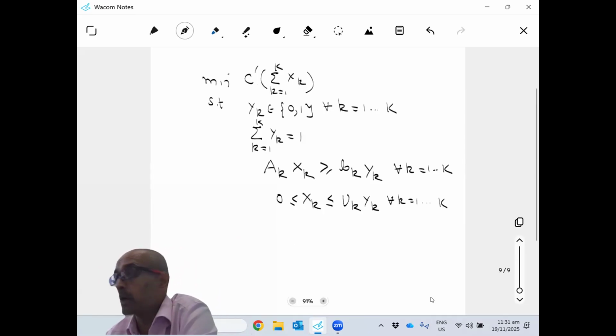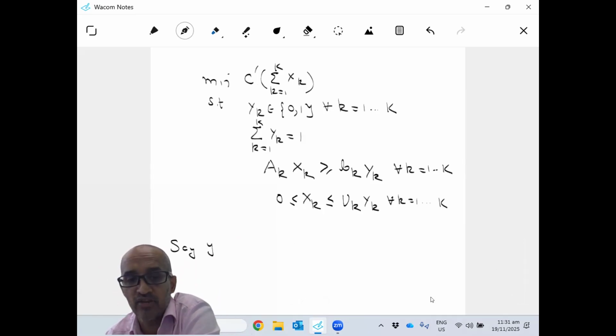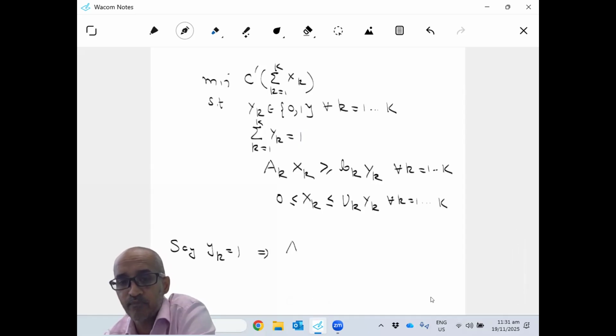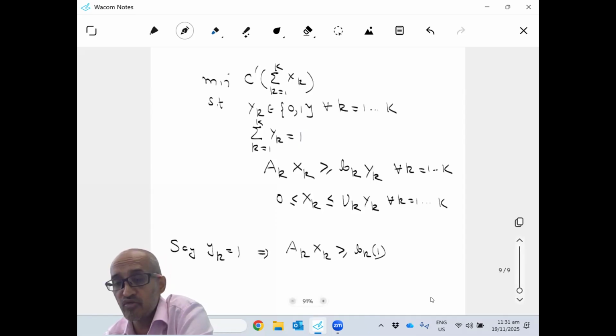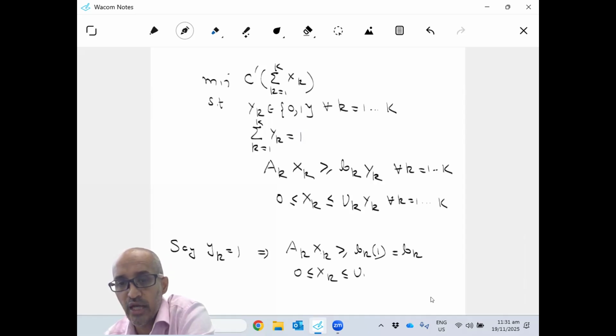I'm picking one polytope. So say yk is equal to 1. What does this do? It will force Ak xk to be greater than or equal to bk times yk, which is 1, which is bk. And the other constraint is xk between 0 and uk times 1, which is uk.